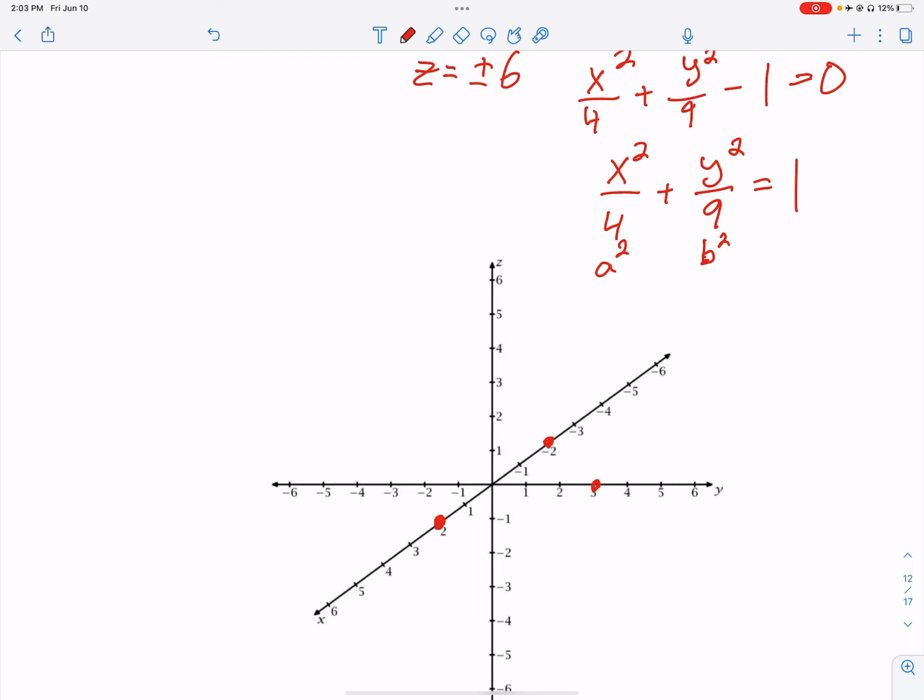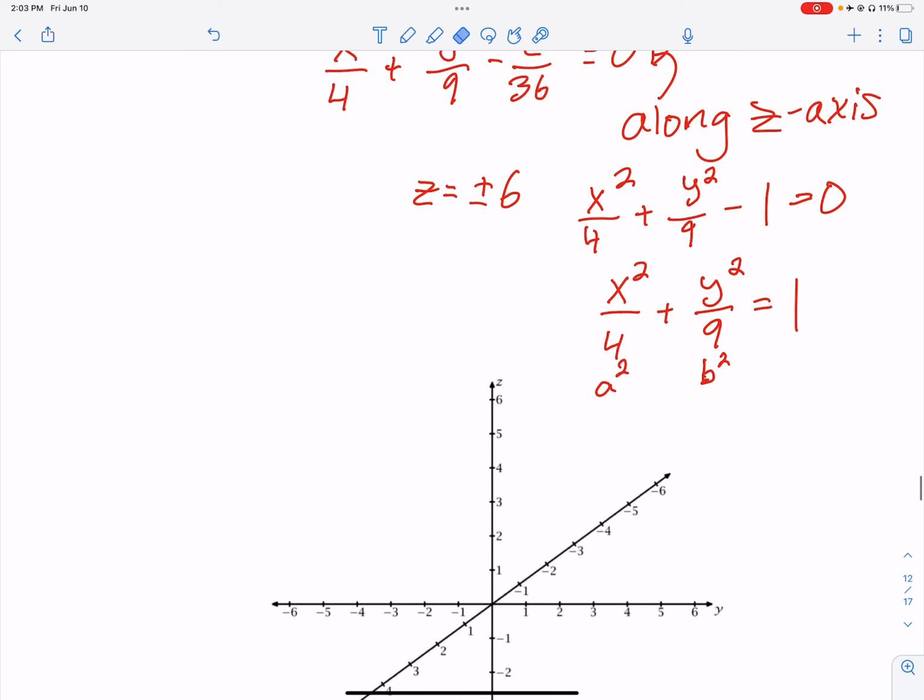Pause for one moment and erase what you have. My mistake. This is happening when z is plus or minus 6.